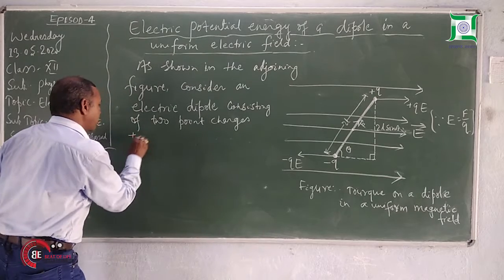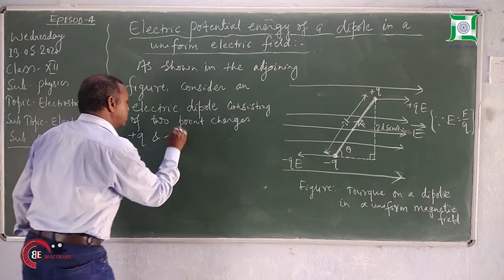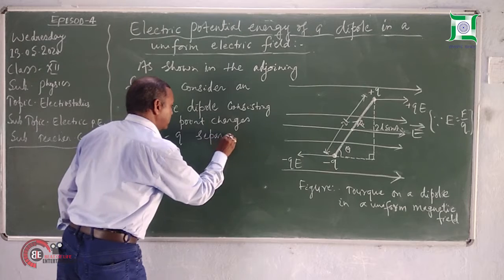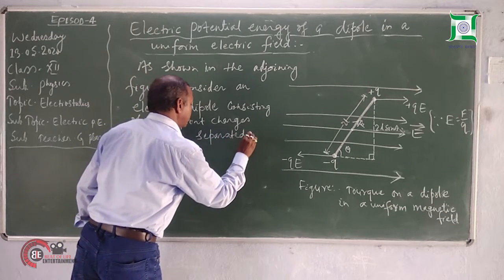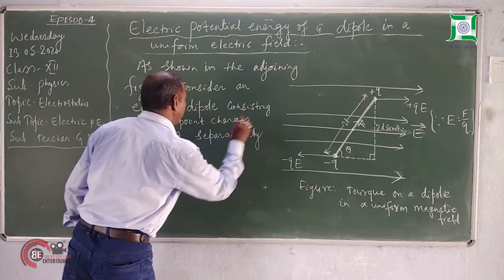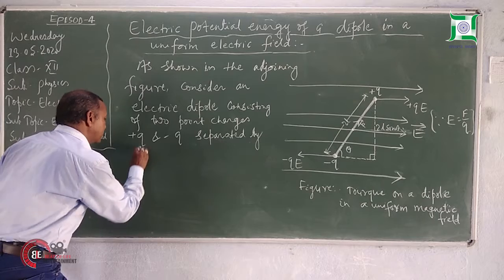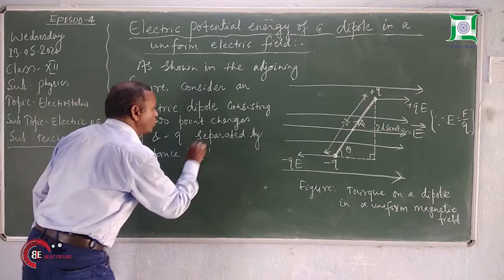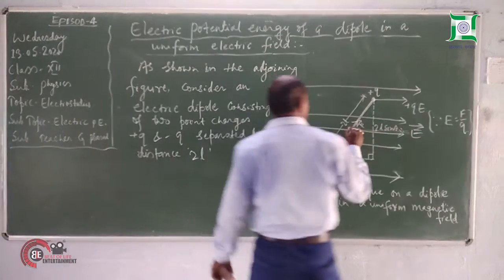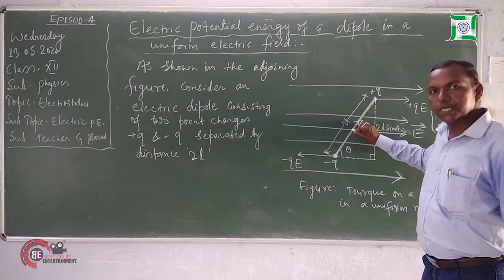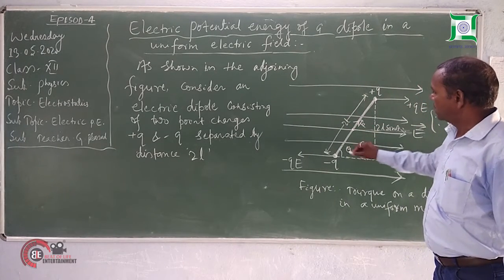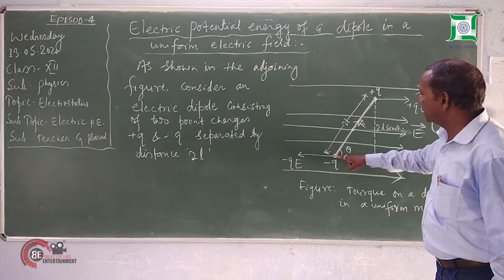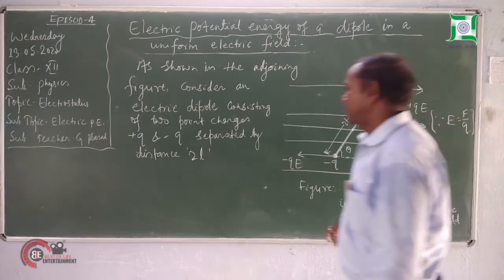plus q and minus q separated by distance 2l. We consider this point as the center of the dipole, and this length L and this length L, and the complete length of the dipole is 2l.